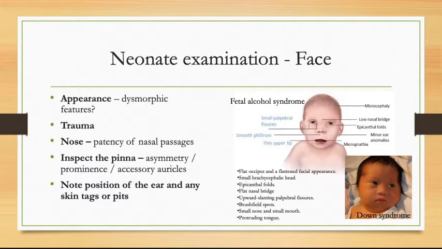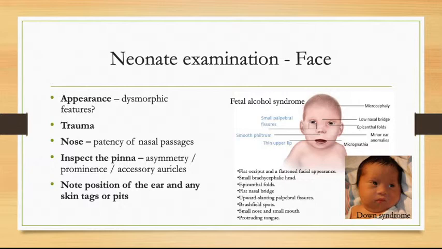So flat occiput means that the back of the head is flat. You should look at the nasal bridge, see if it's flat, low as well. Palpebral fissures is basically the length of the eye from the medial corner to the lateral corner. So in fetal alcohol syndrome, this is small, and in Down syndrome, this is upward slanting.